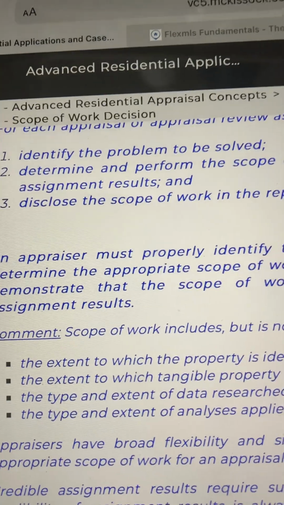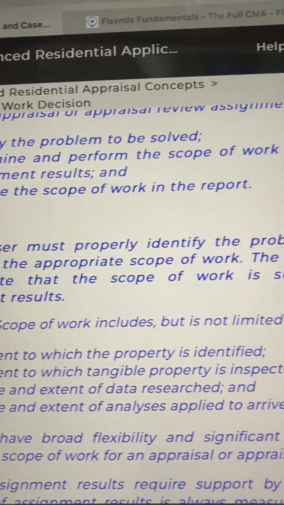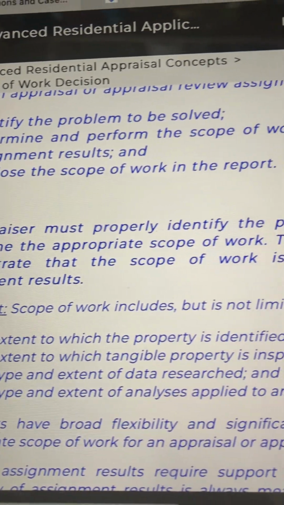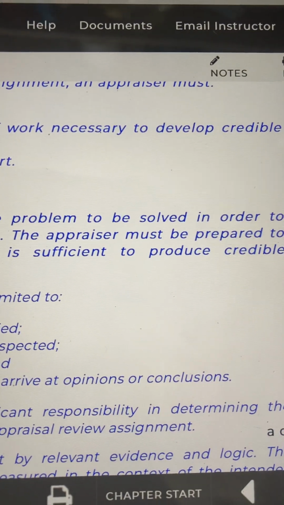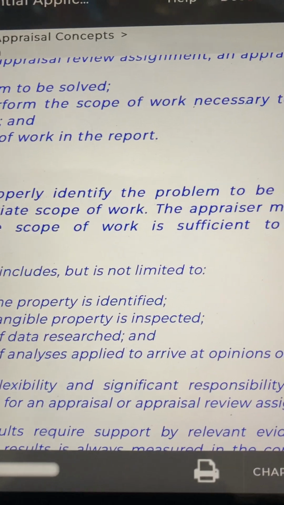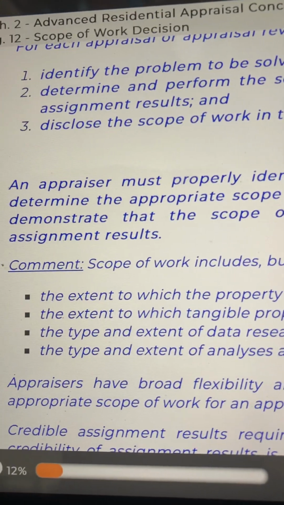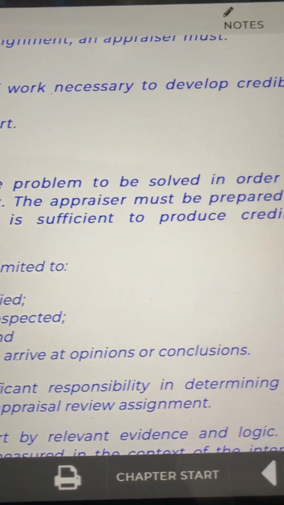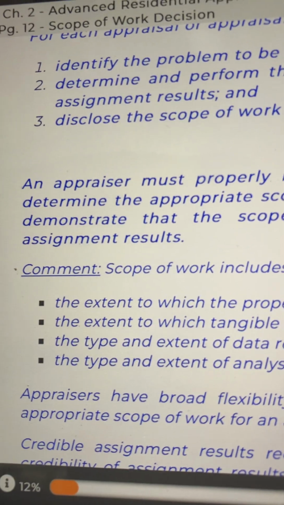And number 3, disclose the scope of work in the report. An appraiser must properly identify the problem to be solved in order to determine the appropriate scope of work. The appraiser must be prepared to demonstrate that the scope of work is sufficient to produce credible assignment results.